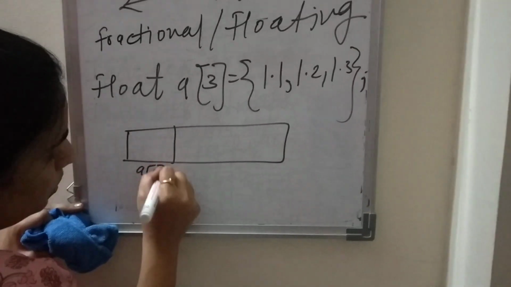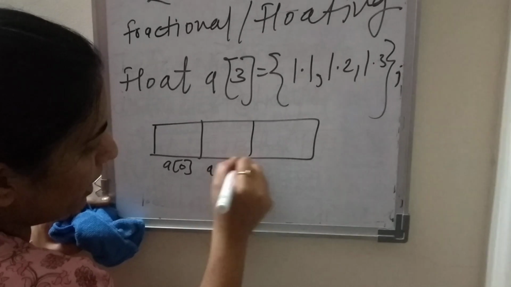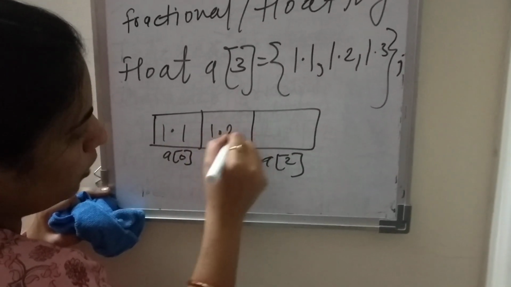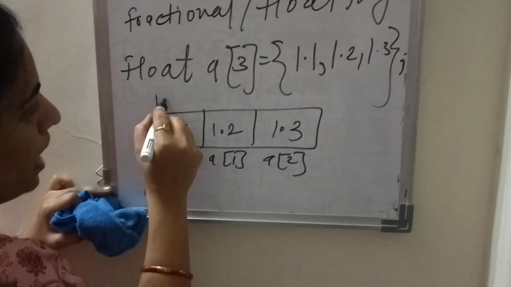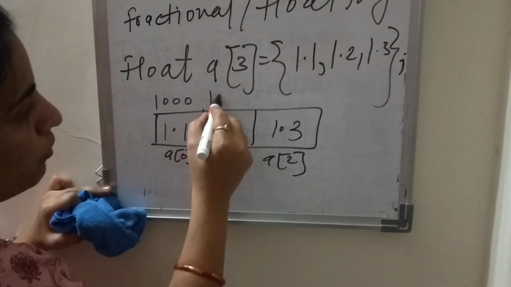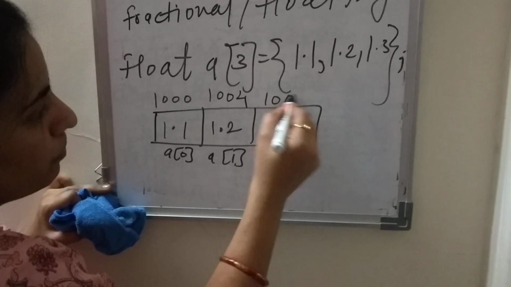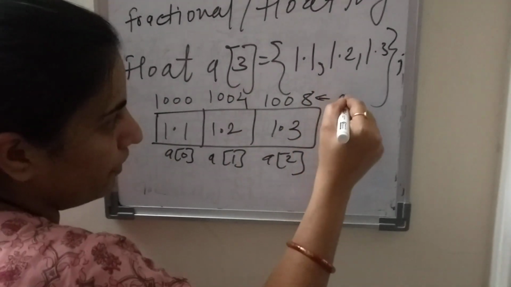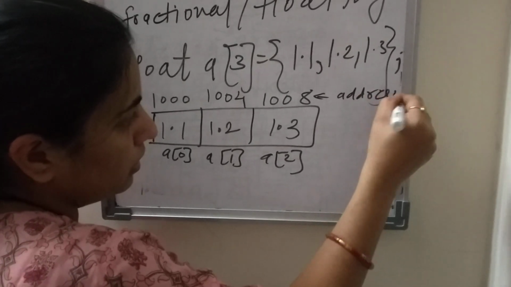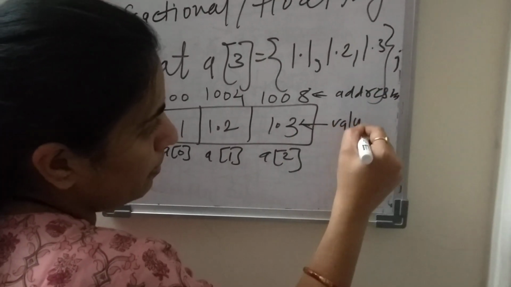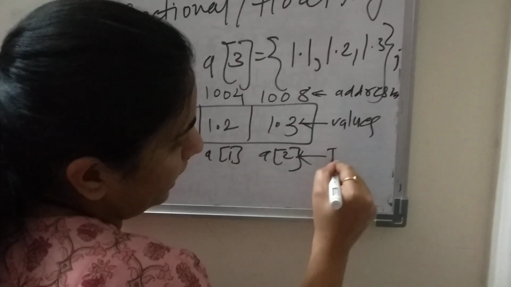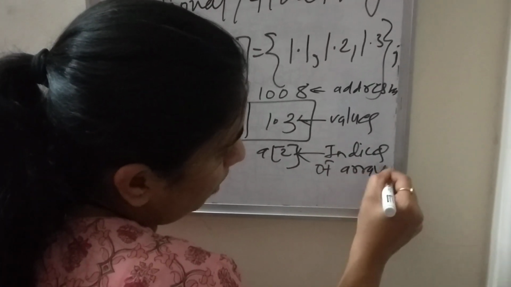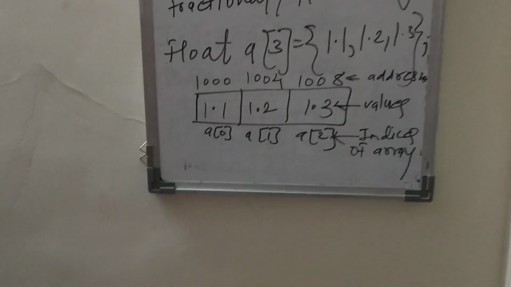A of 0, A of 1 and A of 2, 1.1, 1.2, 1.3. As float occupies 4 bytes of memory space, likewise these are again addresses, these are values or elements, and these are indices of array. So this is all about memory mapping of floating point array.